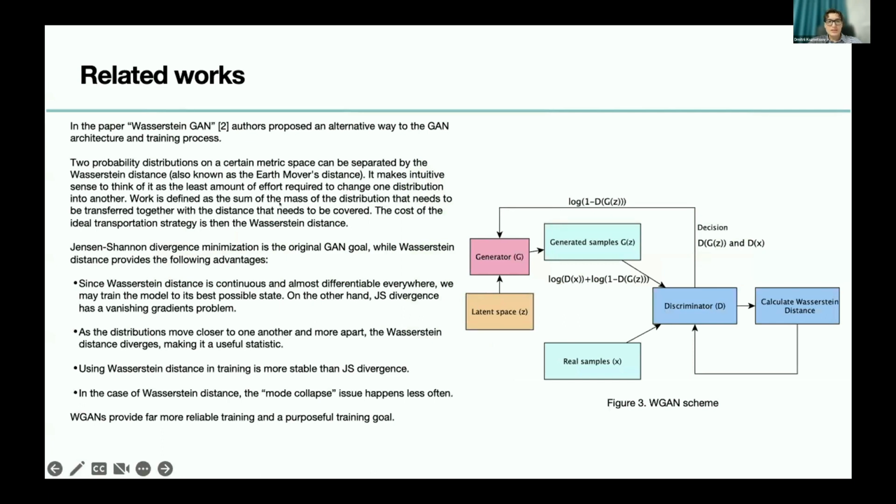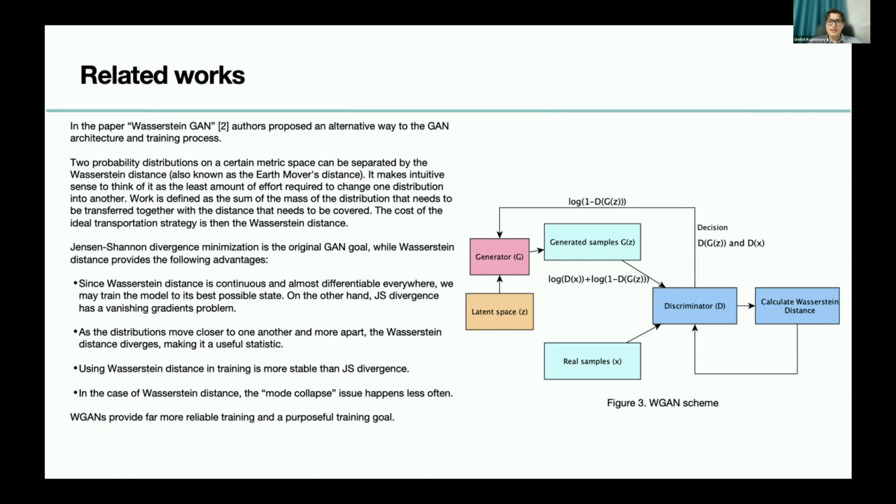In the Wasserstein GAN paper, the authors proposed an alternative way to the GAN architecture and training process. Instead of the Jensen-Shannon divergence minimization, which is usually used in original GAN networks, they use the Wasserstein distance, which has the following advantages.